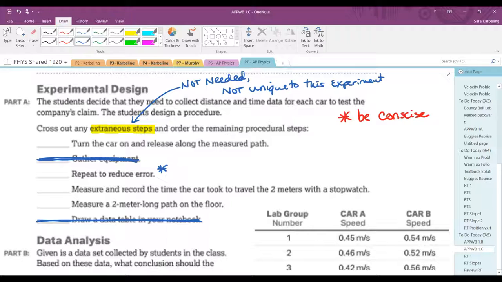So even though that may sound extraneous, because of course you're gonna do it, you have to include it if you want the points, right? And again, free will. You don't have to do anything you don't want to do. But if you would like credit for knowing how to do physics, then you need to include it. So we're going to say always include the multiple trials.